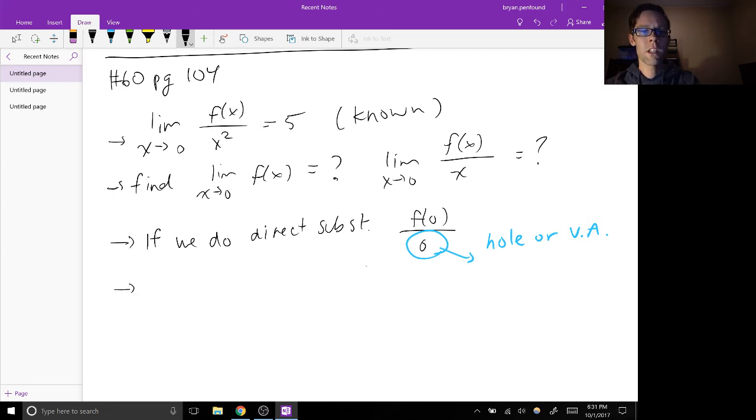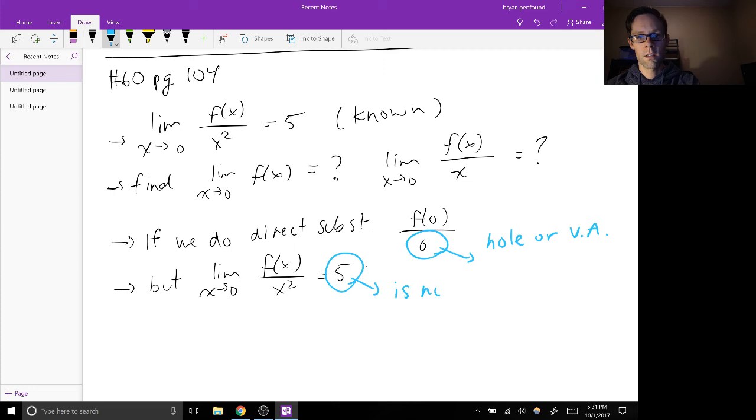However, we know that this overall limit is equal to 5. This number is not one of the infinities. So that means that f of x divided by x squared can't have a vertical asymptote at 0.